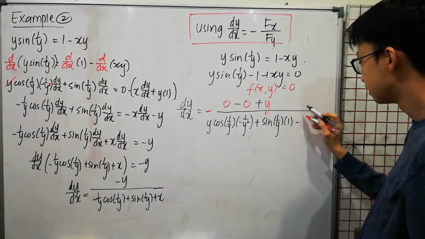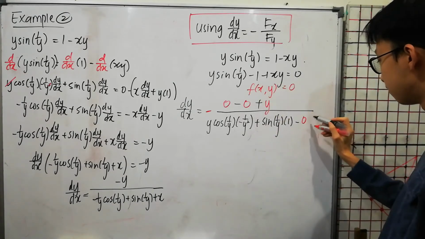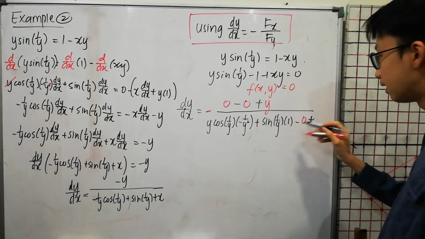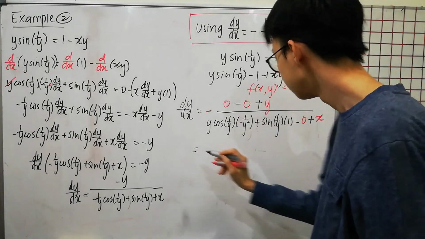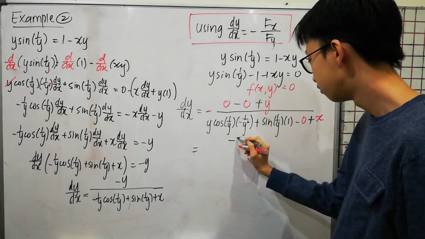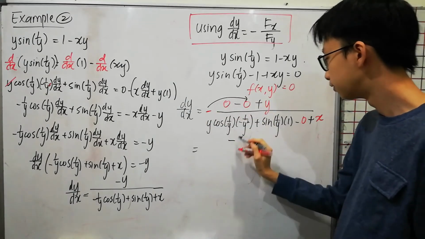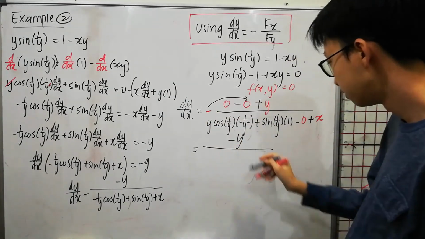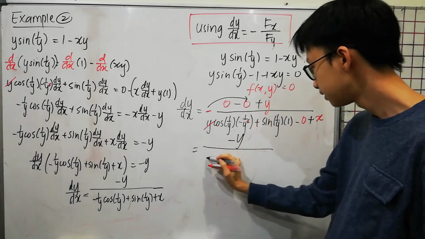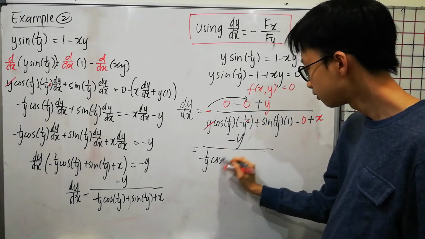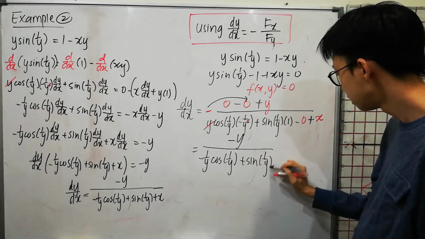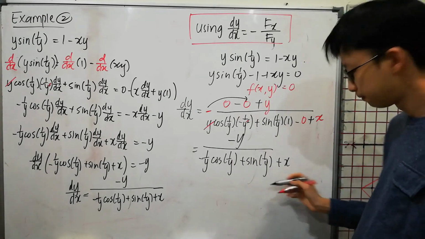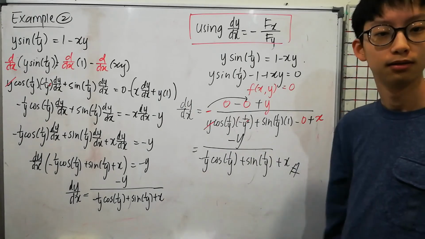Then minus 0 for the constant, plus the constant now is x. Then we just try to simplify this. It will be a negative. We try to bring a negative to the top. y over this and that can cancel. Negative 1 over y cos 1 over y plus sine 1 over y plus x, and that's it.